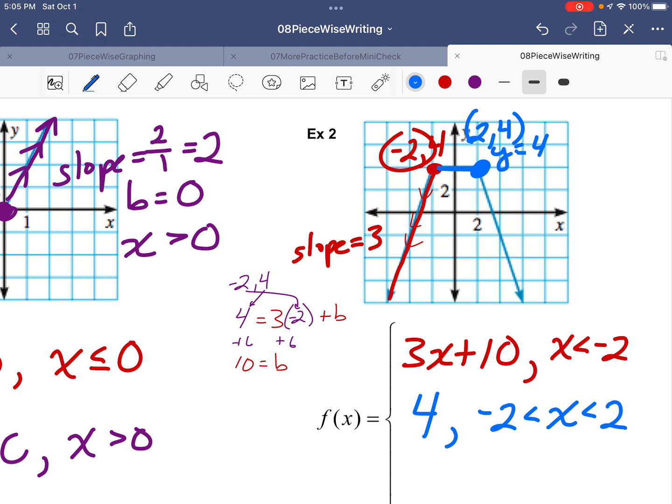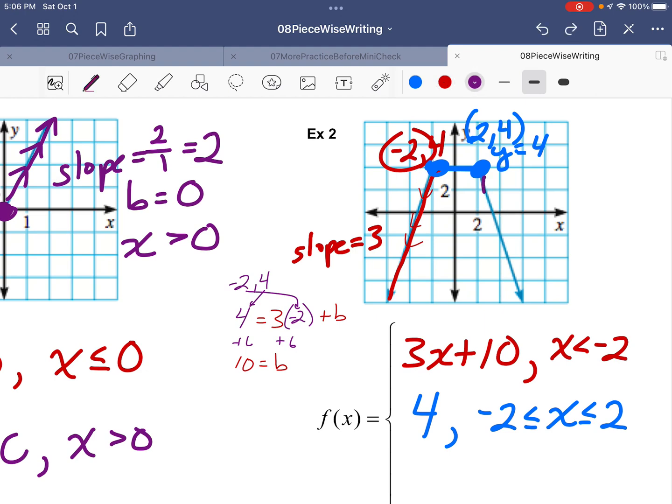Now, here again, we have a question. Where should we put the equal sign? Well, it actually doesn't matter since the graphs connect. You just have to put the equal sign somewhere. I'm going to put the equal signs with my horizontal line, but you could have put it with your first diagonal line if you wanted to. You just can't put it on both.